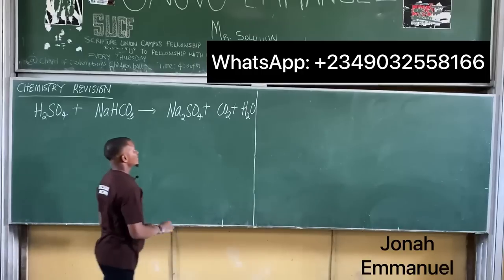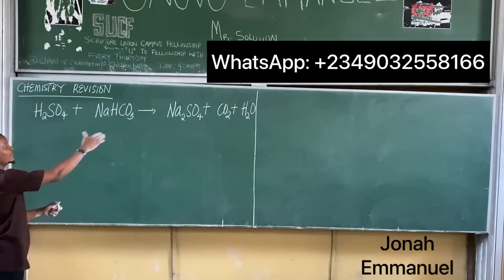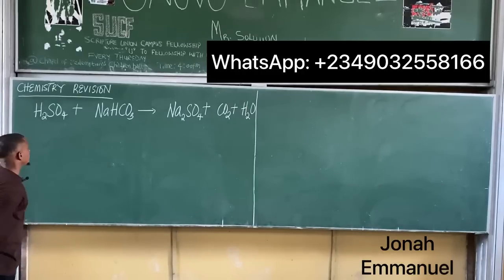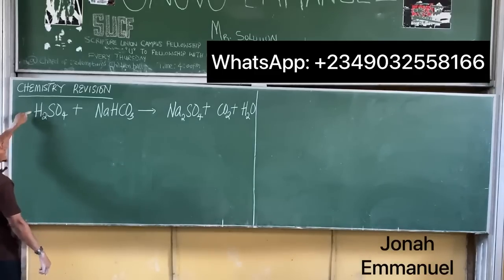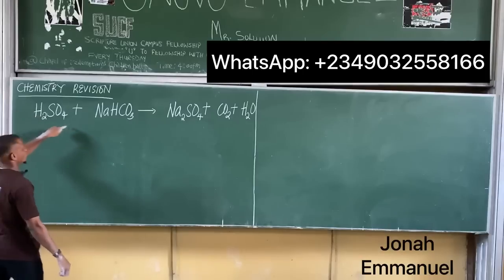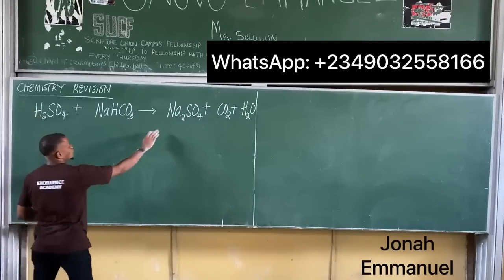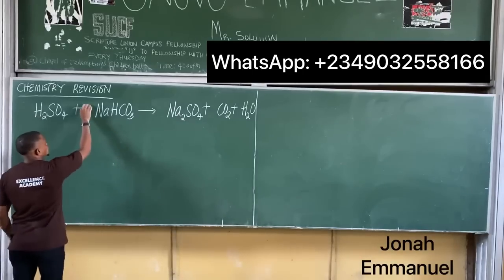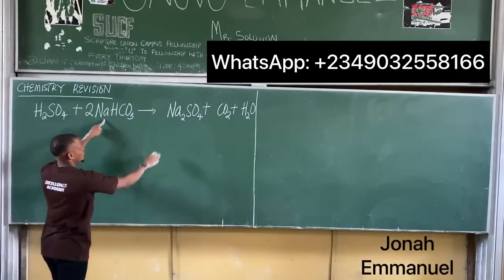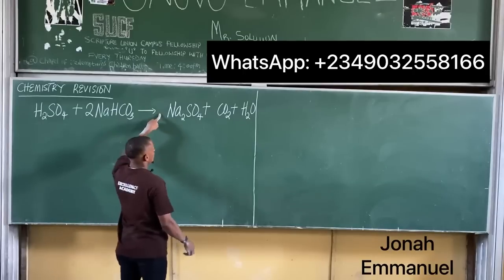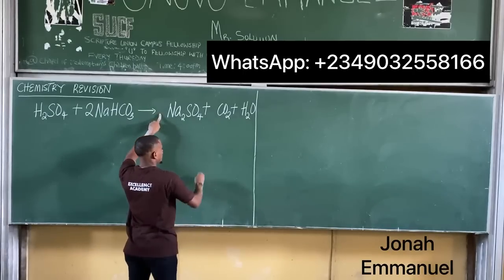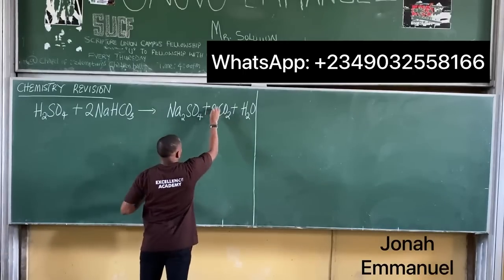So I have this. Please, they said write a balanced chemical equation. Who's balancing for us, please? What do you have, please? Here? 1. Okay, here? So I'm having 2 sodium here, 2 here to make it 2 sodium, 2 sodium. Okay, what's here? 1. What's here? 2.